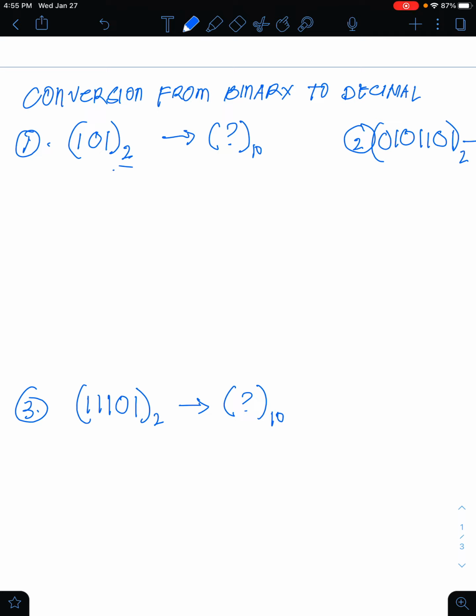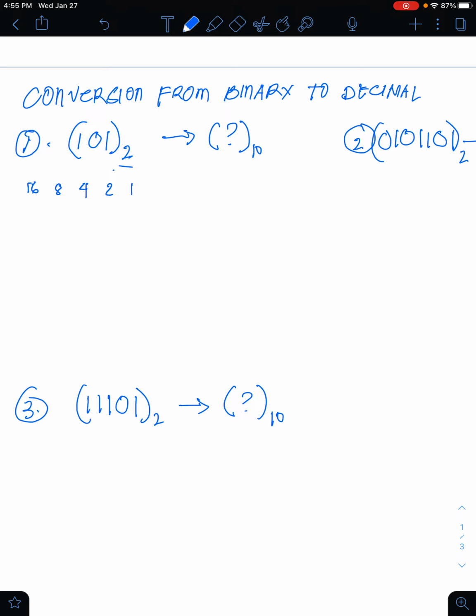Okay, now we will be converting 101 to base 10. So that's easy. In binary, there are corresponding values, starting with 1, 2, 4, 8, 16, 32, 64, and so on and so forth.